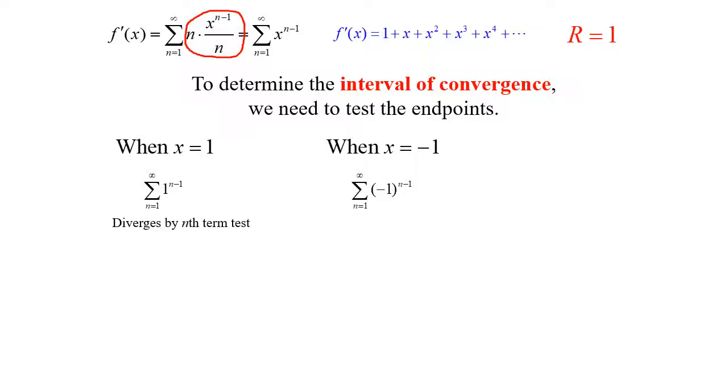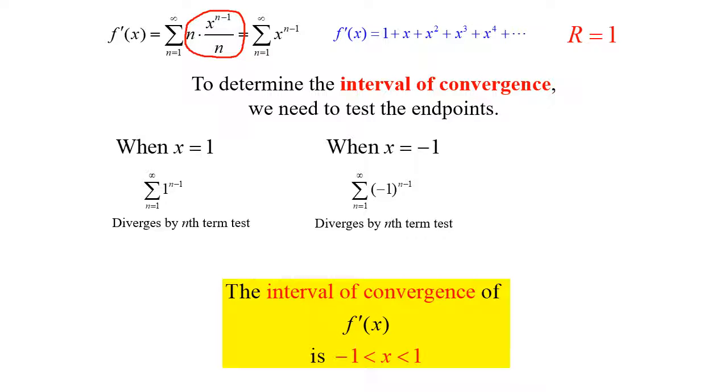When we use x equals negative 1, it also diverges. So even though it has the same radius of convergence as the original function, its interval is slightly different because it does not converge at negative 1 as the original function did.